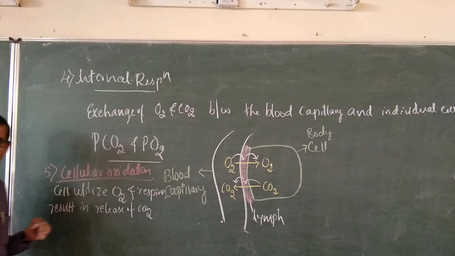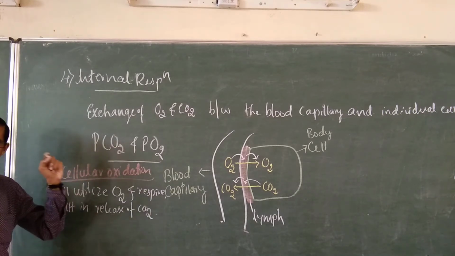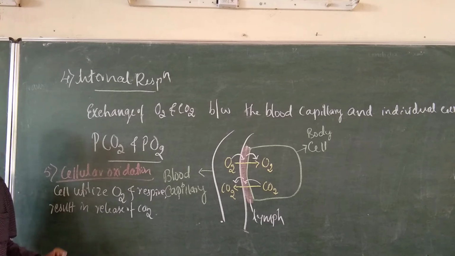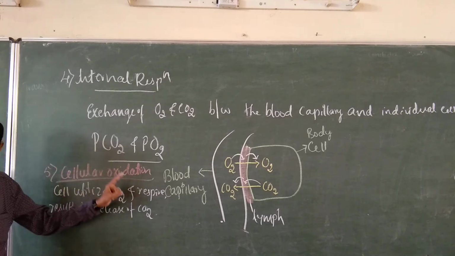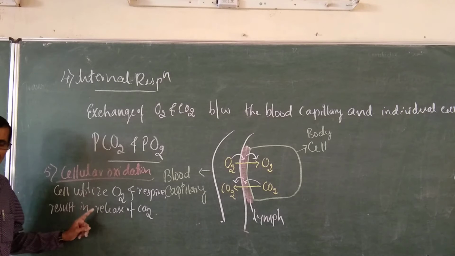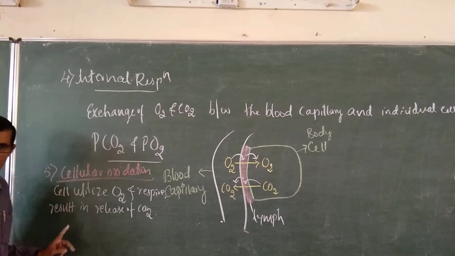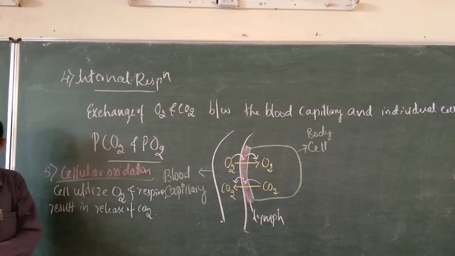So, the cell is going to utilize the oxygen and the cell is going to do the respiration, that is called cellular oxidation phenomena, resulting in the release of energy and the production of carbon dioxide.